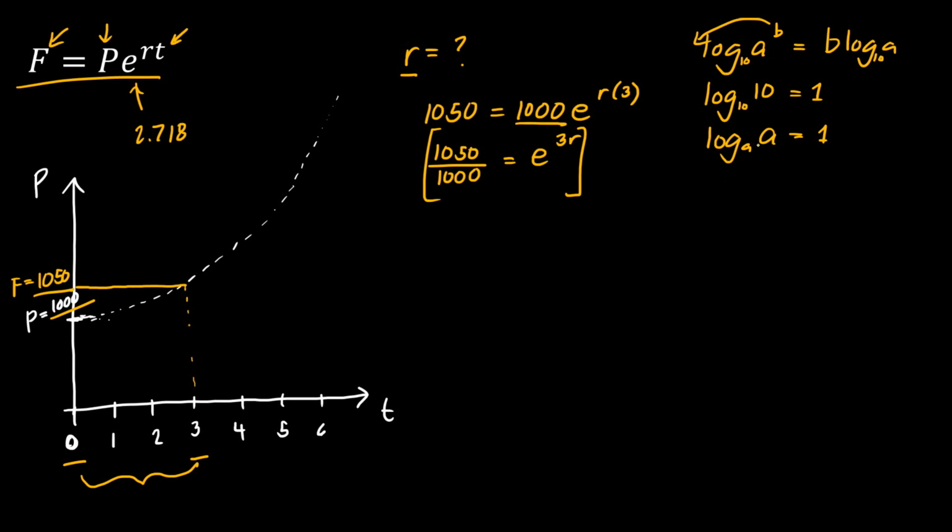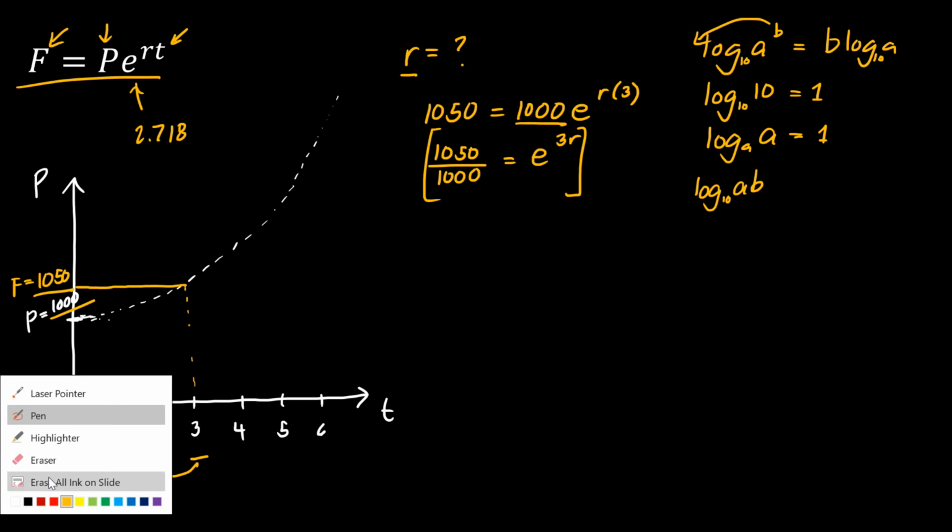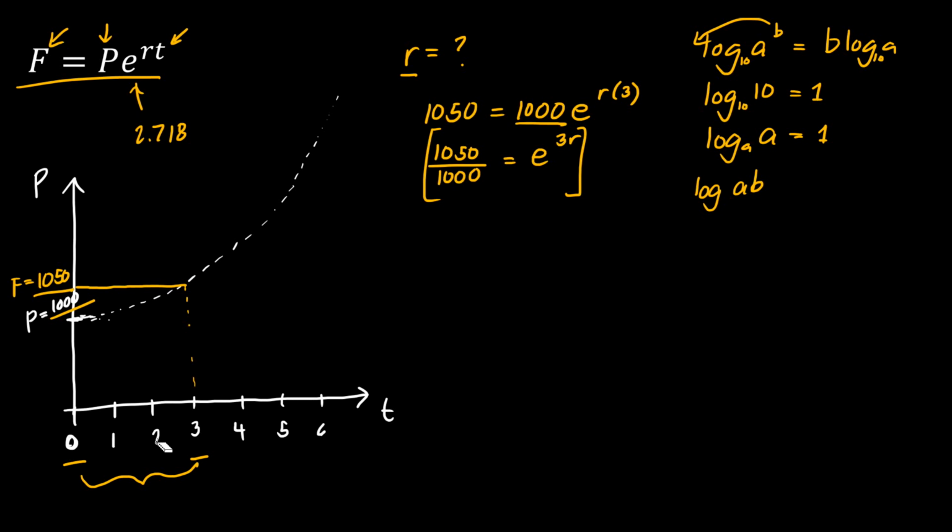If you're confused about this one, hopefully you did study about the different rules of logarithm. For example, if you have a product, then you can separate the product into a summation.